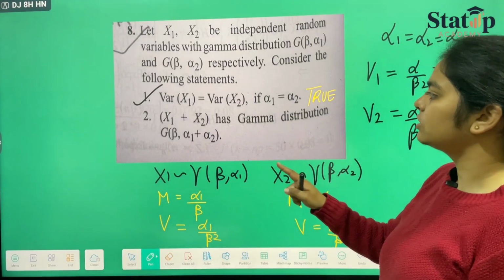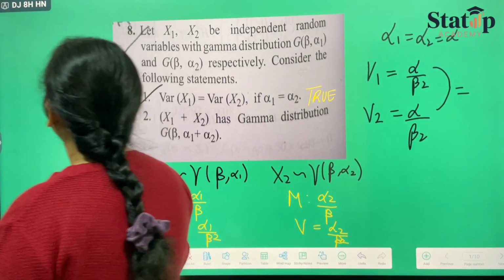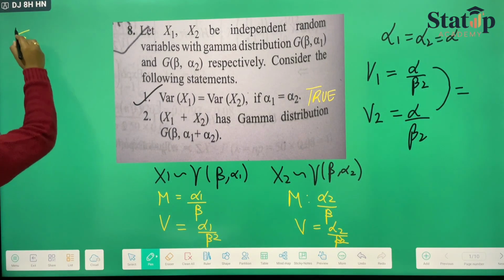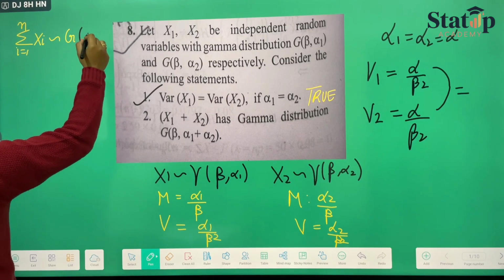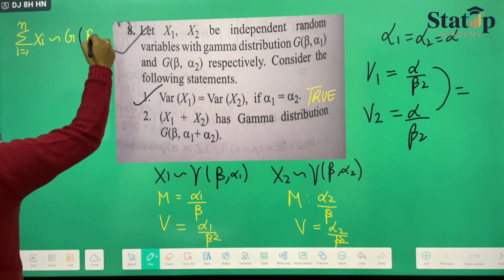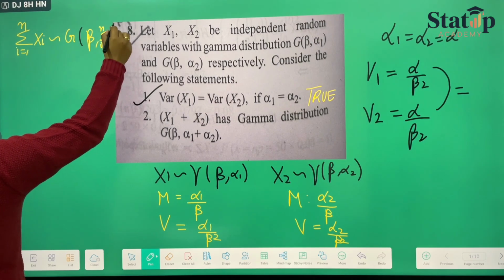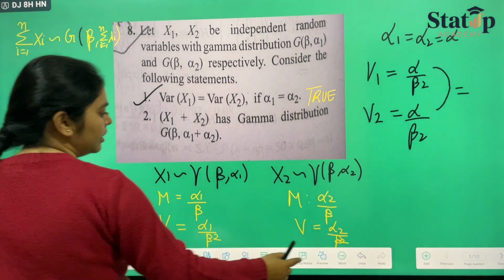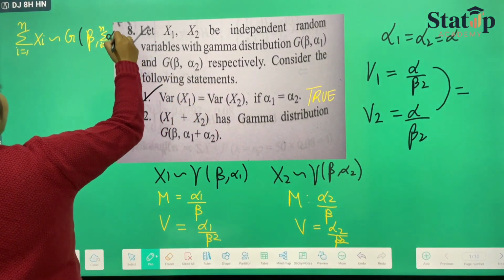Now the second one, x1 plus x2 has gamma distribution beta, alpha 1 plus alpha 2. I've told you that when we talk about summation i goes from 1 to n, xi follows gamma distribution with beta and summation i goes from 1 to n lambda i. Now here, instead of lambda, they have given us alphas, so we can take it as alpha i.